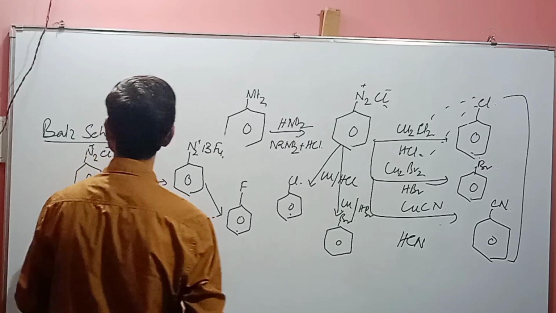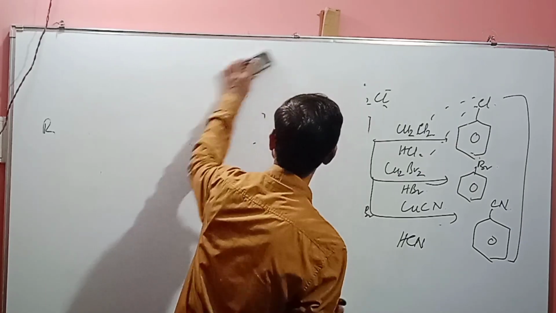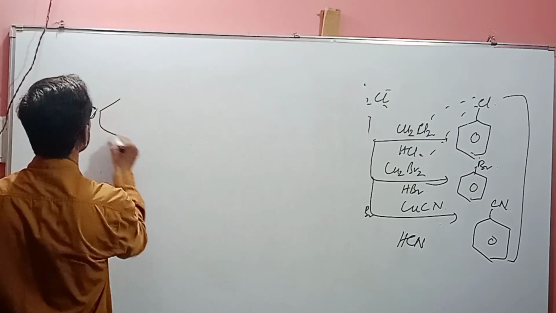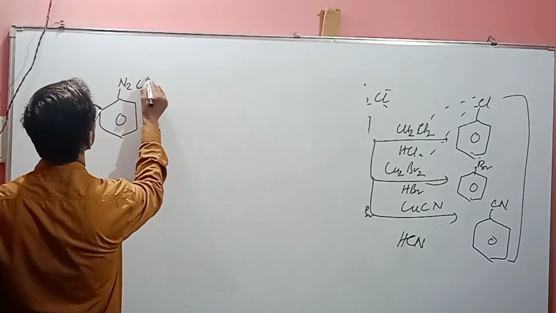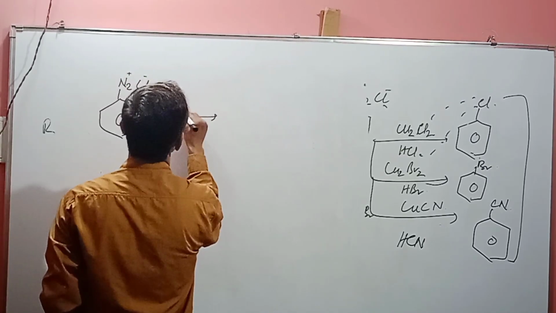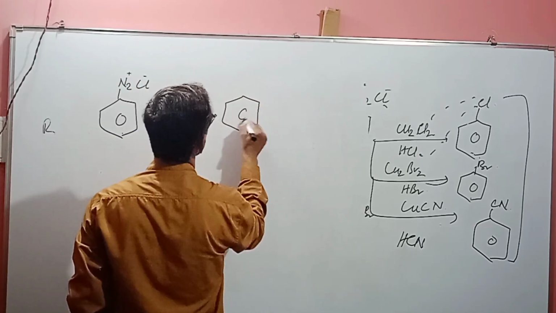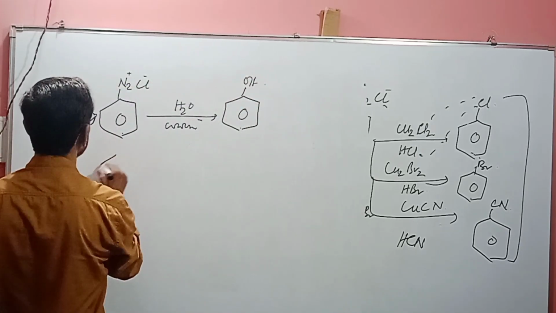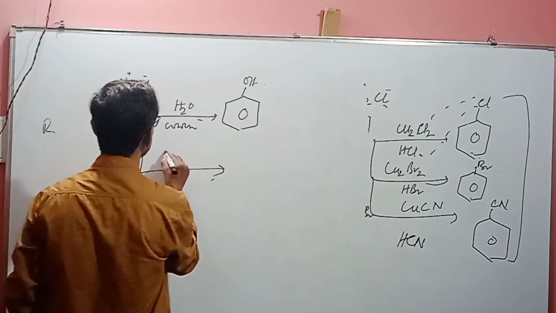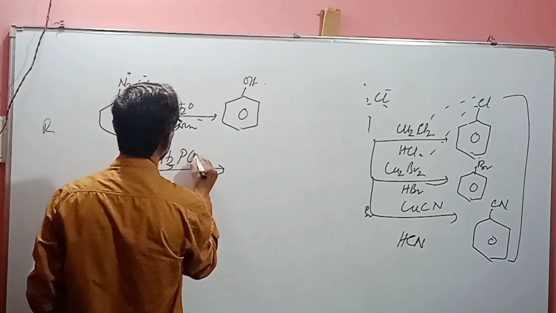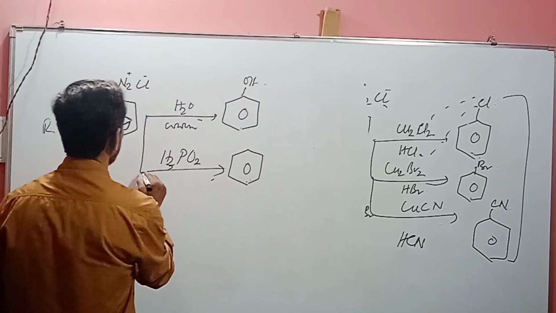Now benzene diazonium chloride, what is it? Phenol. Benzene diazonium chloride, orthophosphoric acid, you will get this.